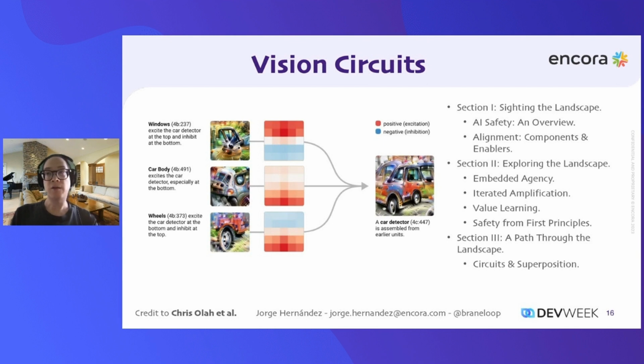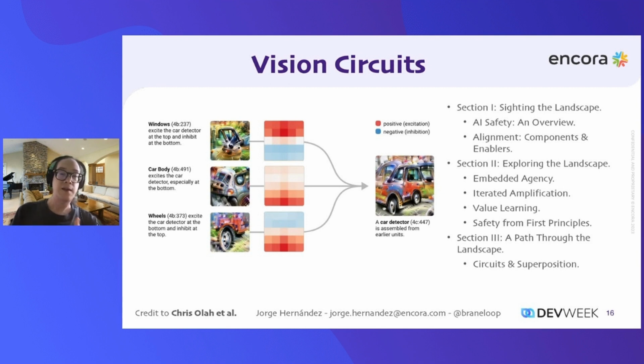One of the recent-ish pieces of work on that is on vision circuits, in a very small model, I think it was only 10,000 parameters. They took the system that learned to detect cars, and they found neurons and groups of neurons where they could determine, okay, here is where it uses the fact that windows are usually on the top part of the car, and here's where it uses the fact that wheels are on the bottom part of the car.